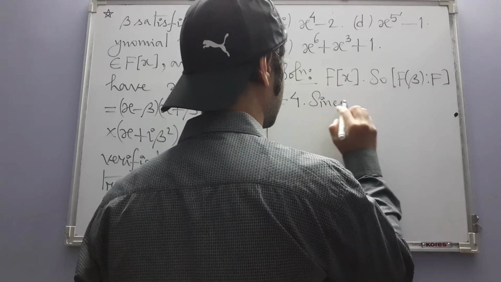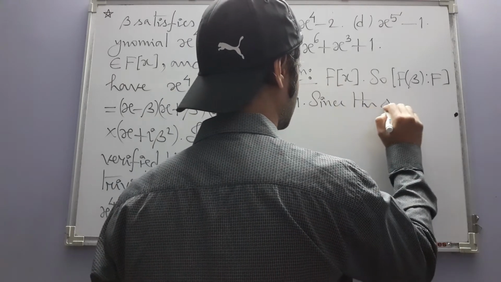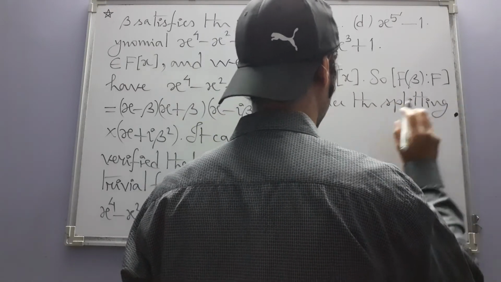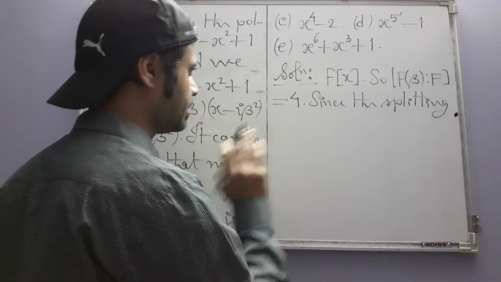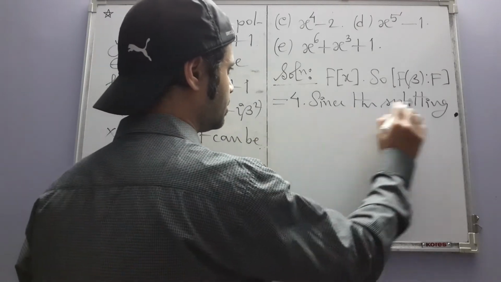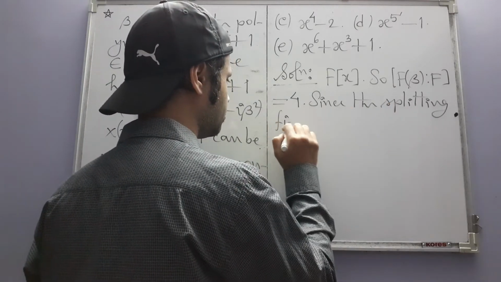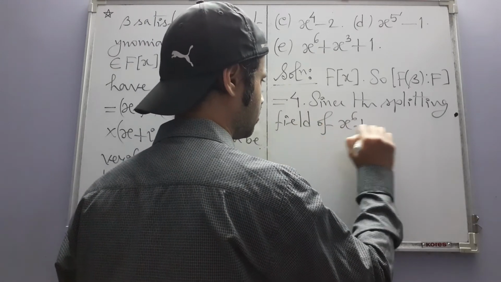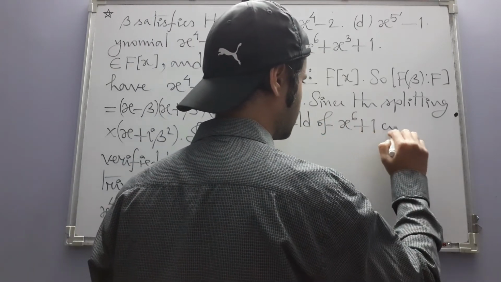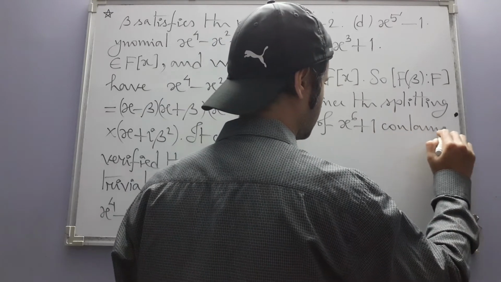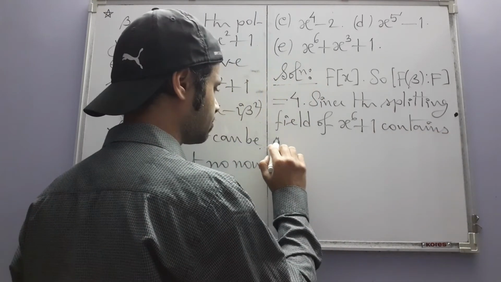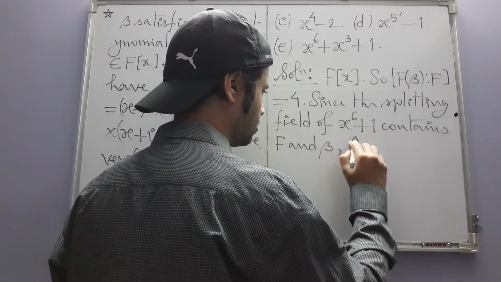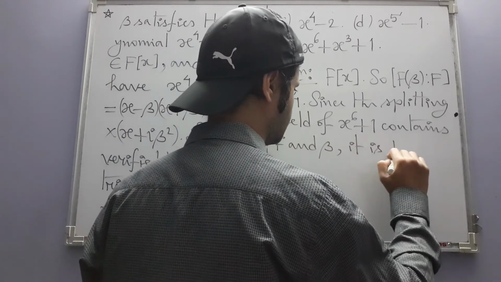Since the splitting field of this contains F and beta, it is F(beta).